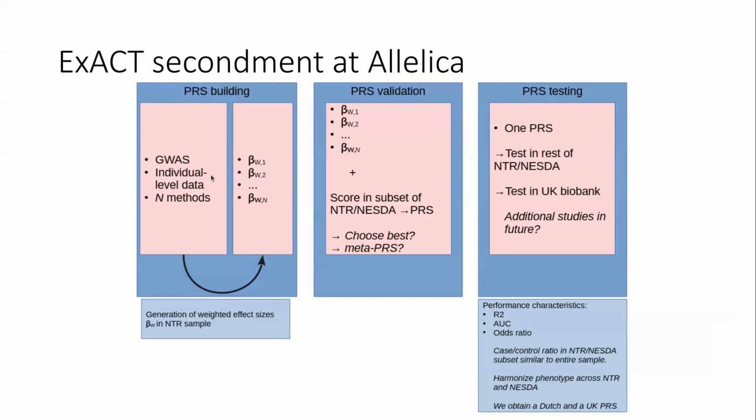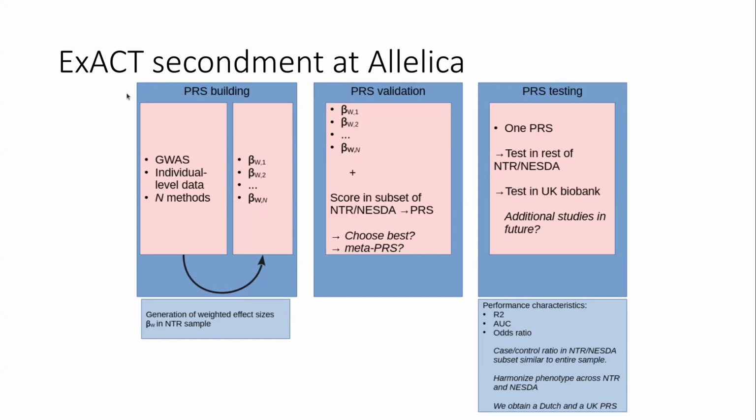That is the genotypes of the individuals in NTR, and for Allelica, the genotypes in the UK Biobank. And to be able to assess the performance, we needed to have the phenotype itself, and we also have that for the UK Biobank people and for the Netherlands Twin Register people.